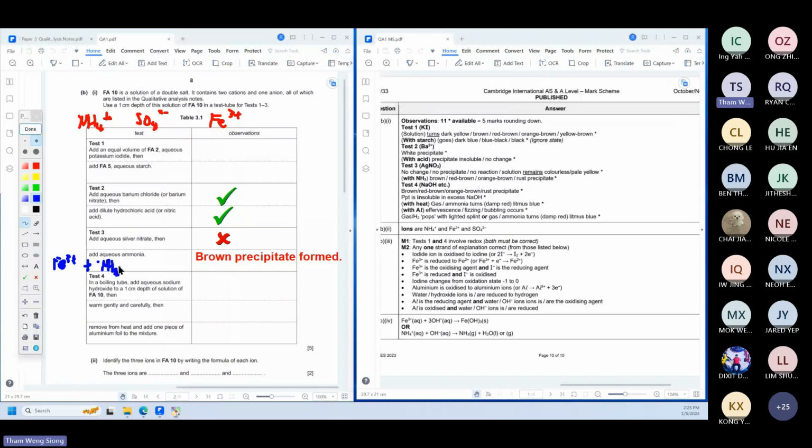Because the ammonium solution is basic, so there's some hydroxide inside there. Therefore, you form iron hydroxide. So if adding silver nitrate won't have any reaction, that was true. But when you add the ammonia, remember the ammonia not only reacts with the precipitate from the silver nitrate, it can also react with the iron 3+. So you form iron hydroxide, brown precipitate forms. Okay, brown precipitate forms. So for this simple solution, this is the same one right here. Here also brown precipitate forms.